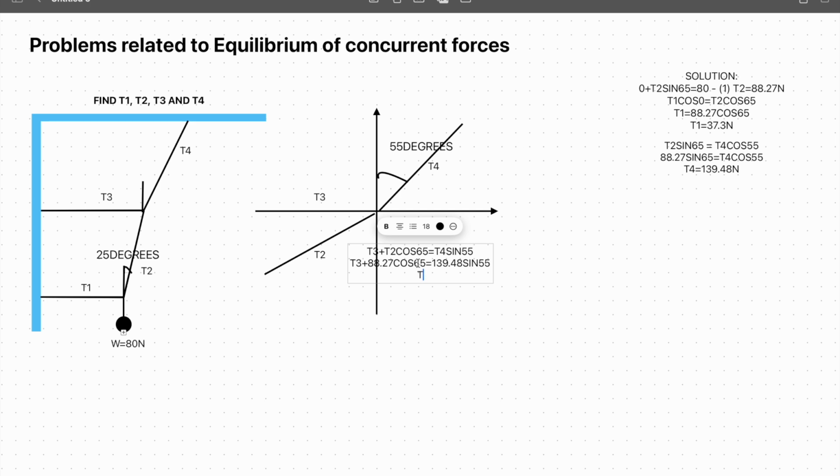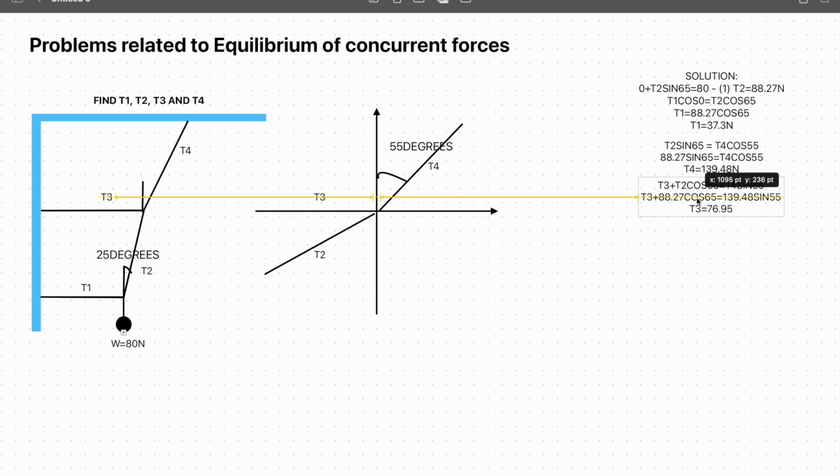From there we can easily figure out T3: 139.48 sine 55 minus 88.27 cosine 65 is 76.95. So we got our T3 as well.